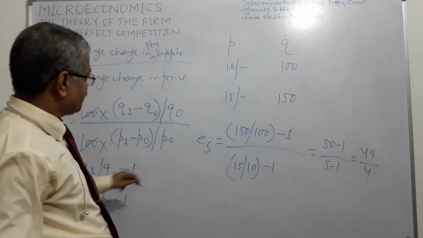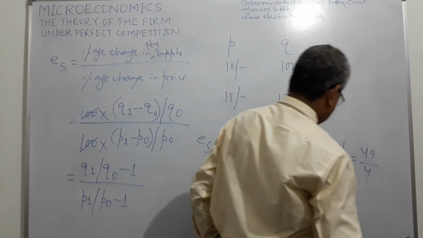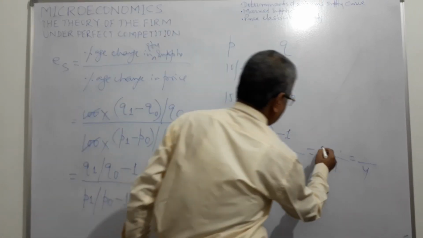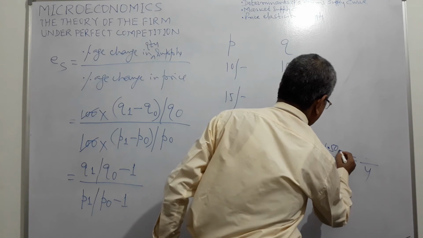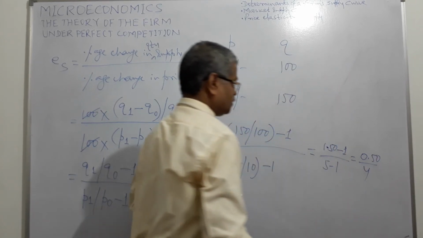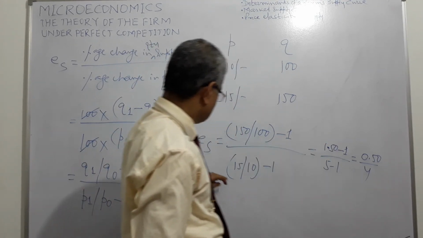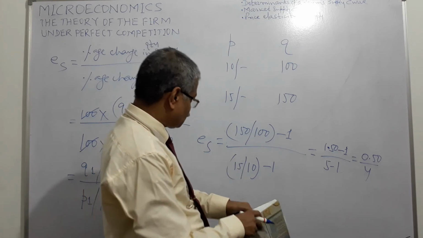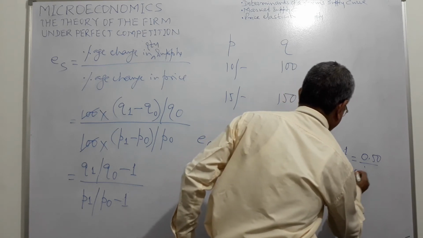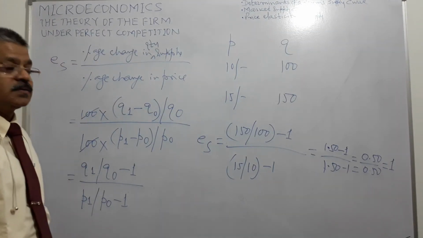So Q1 upon Q0, 150 upon 100, is 1.5, minus 1 comes to 0.50. 15 upon 10 is also 1.50, minus 1 is equal to 0.5. So the ratio is 1.